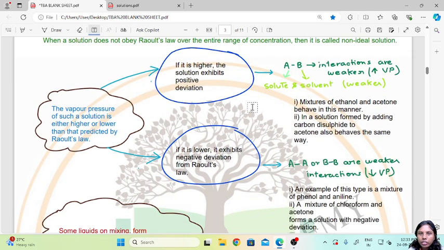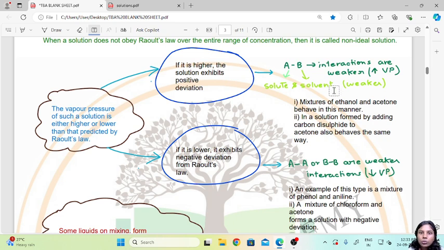In positive deviation, what we see is that the A-B interactions, the solute with solvent interactions, are weaker than the A-A and B-B interactions. So the solute and solvent interactions are weaker than the solute to solute and solvent to solvent interactions.